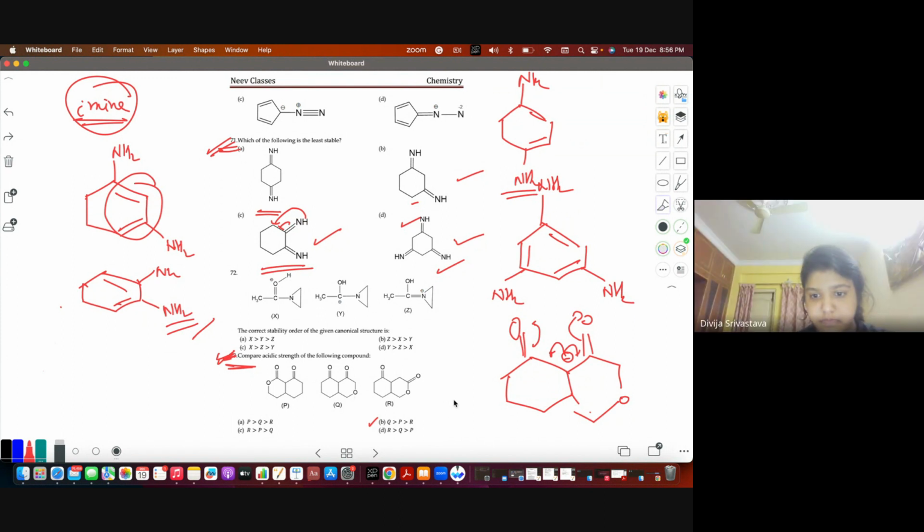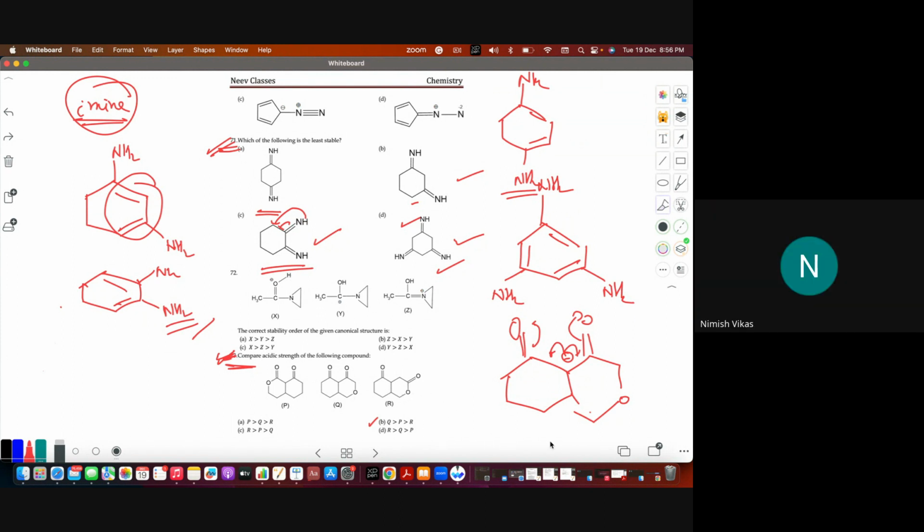Okay. See, this compound is there, which I have drawn. The negative that you get will be resonance stabilized over here, and resonance stabilized over here also. But the same thing should happen with P also.